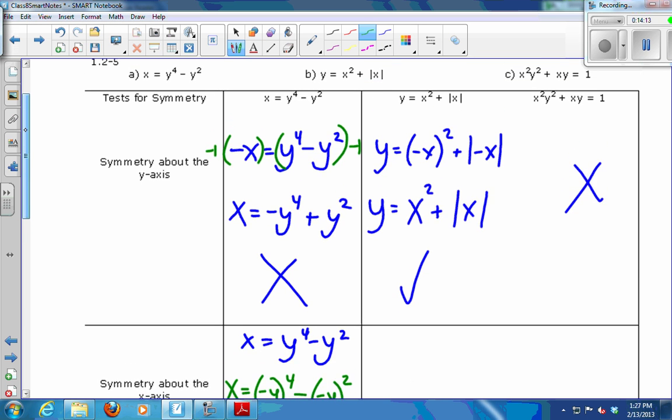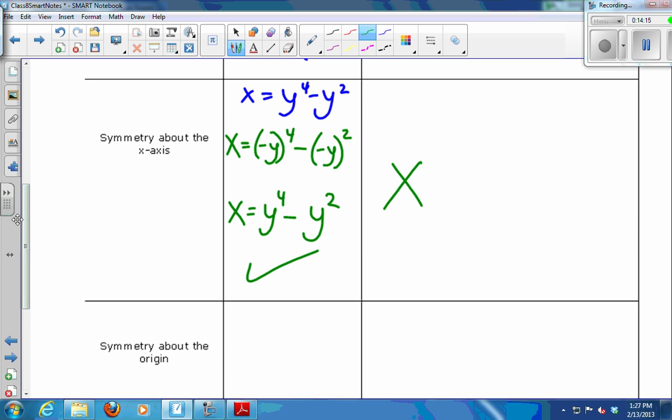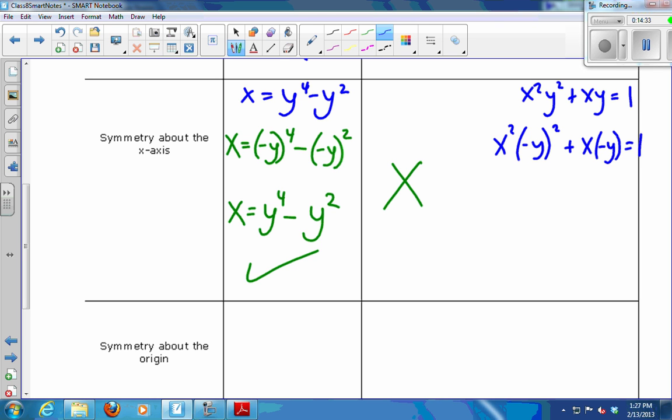x squared y squared plus xy equals 1. Okay, so I am just replacing y's with negative y's. So I've got x squared times negative y squared plus x times negative y equals 1. Now the negative y squared will turn back into a y squared, because that means negative y times negative y.